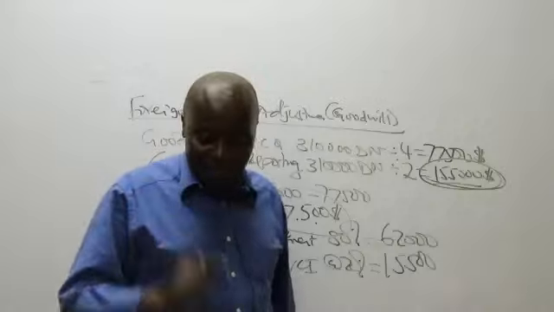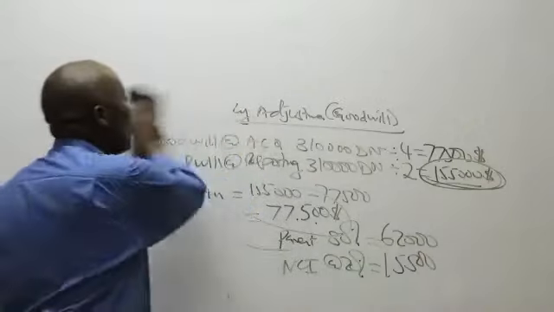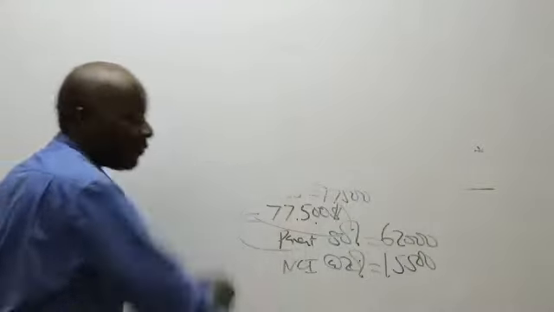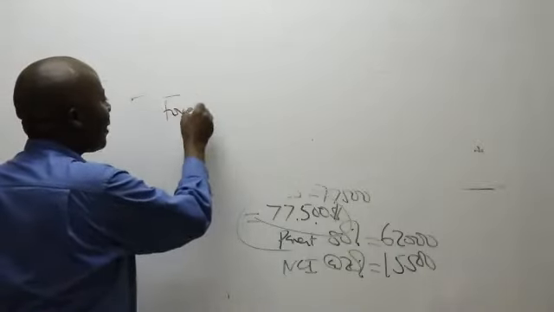Ladies and gentlemen, listen to me very well. Still, when you are there, there is something else I would want you to go and just finish. There is a foreign currency adjustment there, which has a working.